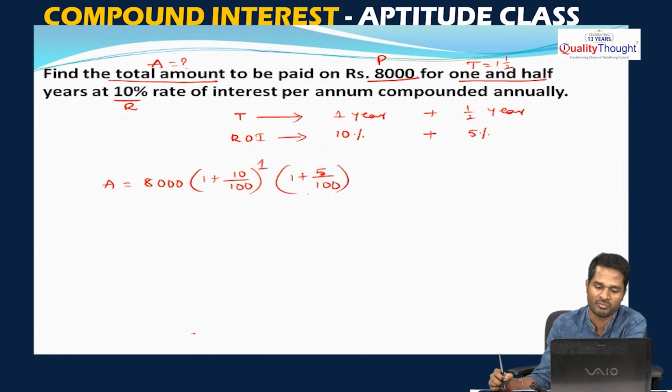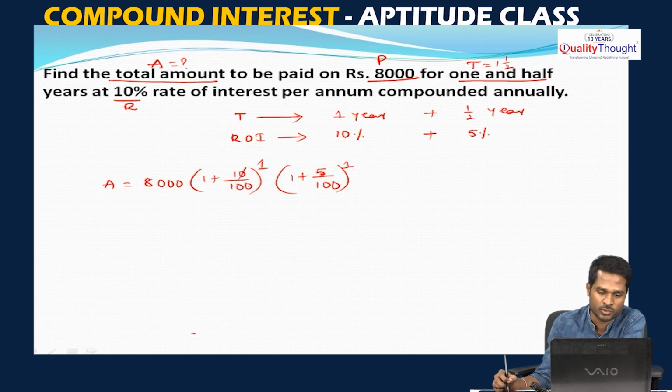There is only 1 half year, so it will be 1. Never write the value as 1 by 2 because of half year. There is only 1 half year, so we will write the value 1.